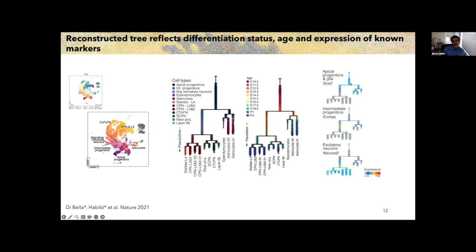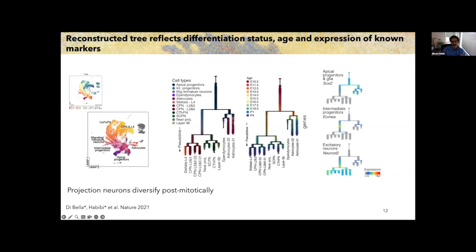And nicely, they can also show the known markers, for instance here for the apical progenitors and glia, and also intermediates and later excitatory neurons and other types of neurons that we have here. One interesting observation is that it has been debated in the field whether the progenitors are fated.